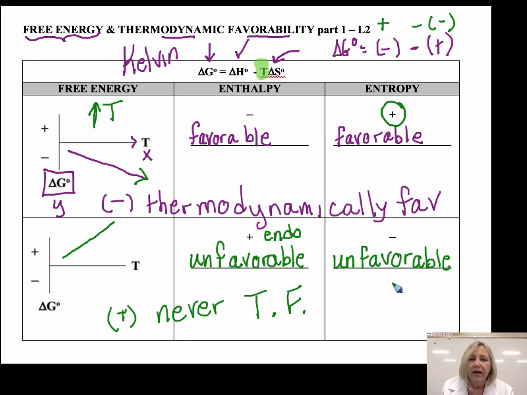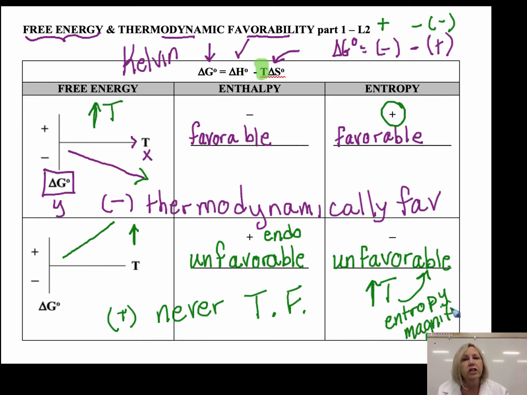Okay, and you notice that an increase in temperature made it less and less favorable because an increase in temperature always magnifies your entropy. So it becomes less and less favorable. Those are the two extremes.